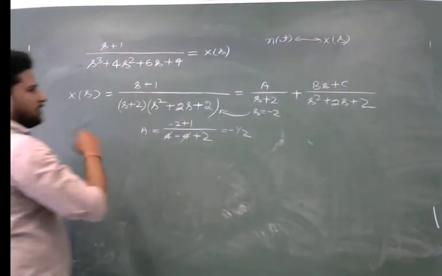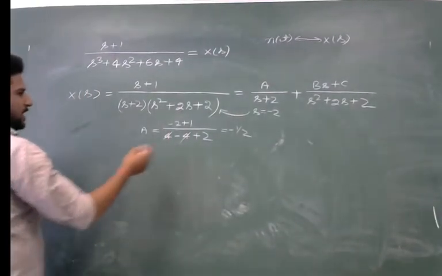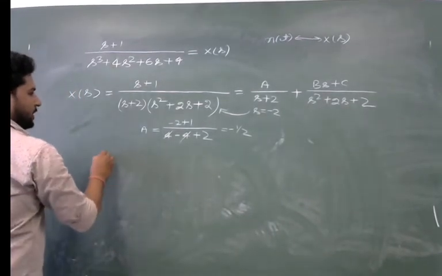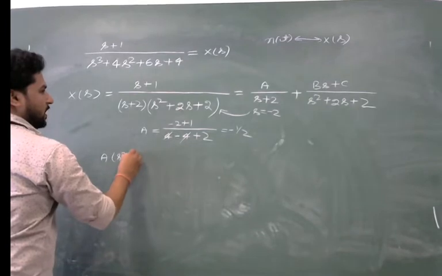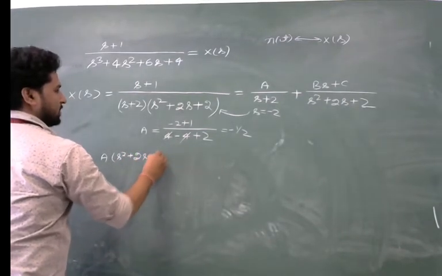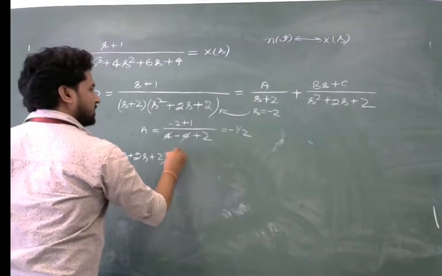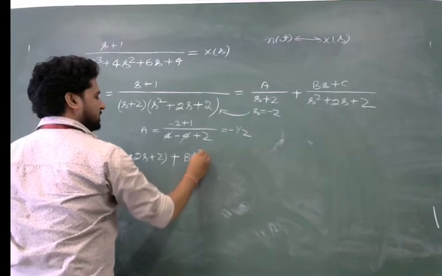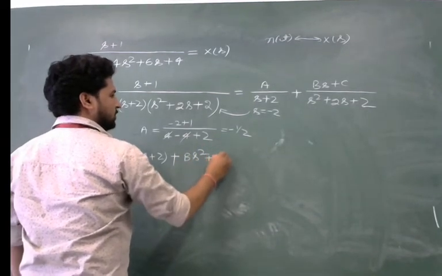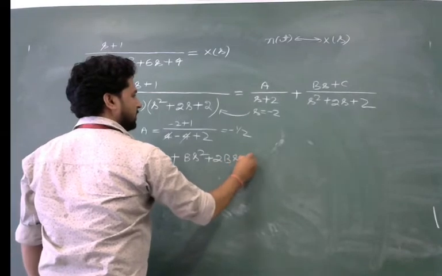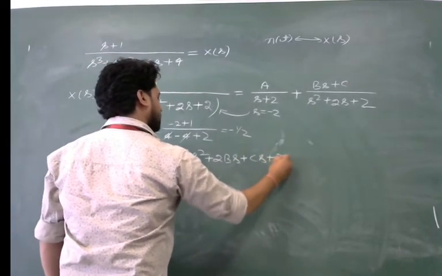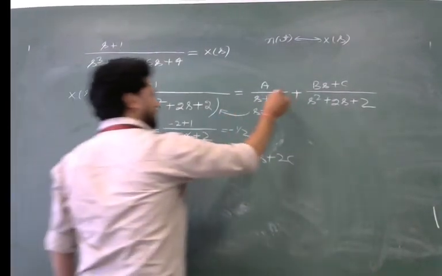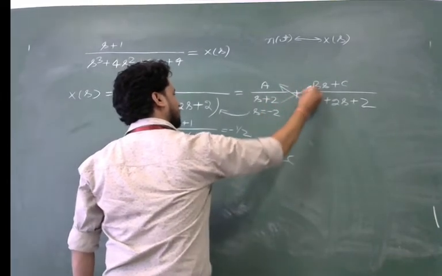And to get the value of bs plus c, we have to compare the numerator of both sides. So this will become a into s square plus 2s plus 2, plus, multiplying this with this, bs square plus 2bs plus cs plus 2c. This is the numerator of this side when they get multiplied.